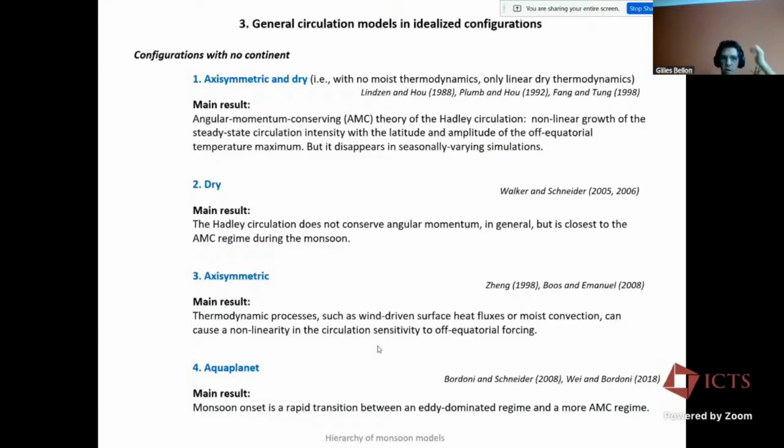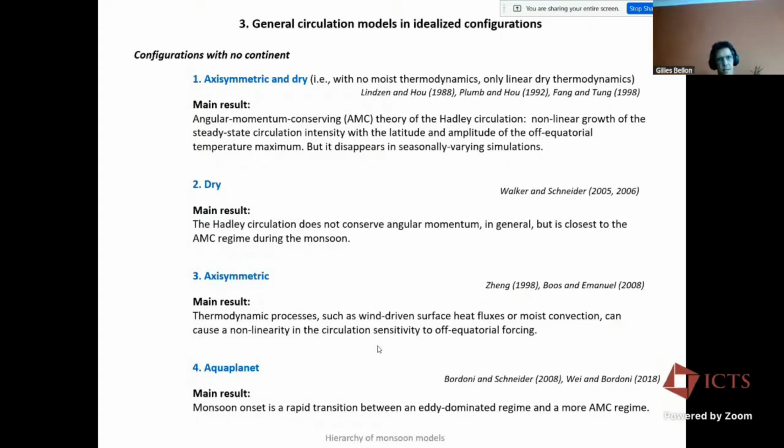And then you have also aquaplanet studies, which Simona Bordoni with collaborators has done extensively. And the first big result of that was that the monsoon onset could be seen as a rapid transition between these two regimes, like an eddy-dominated regime and another regime that's closer to the angular momentum conserving regime.